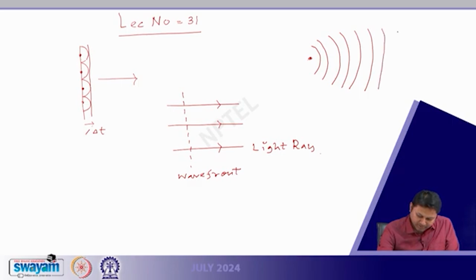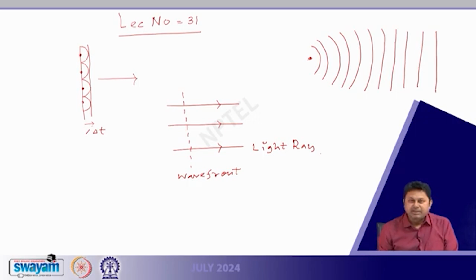When it goes to a very large distance, it essentially looks like a straight wavefront. Initially it is circular, but after propagating a sufficient distance, this is the form of the wavefront one can have. This is called the plane wavefront. So if the light is coming from a source placed at a very large distance, the wavefront moves this way, and it should be perpendicular to the light rays.